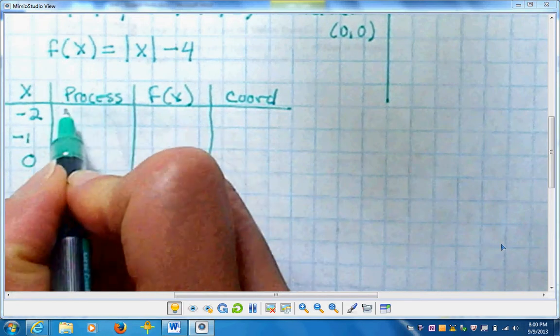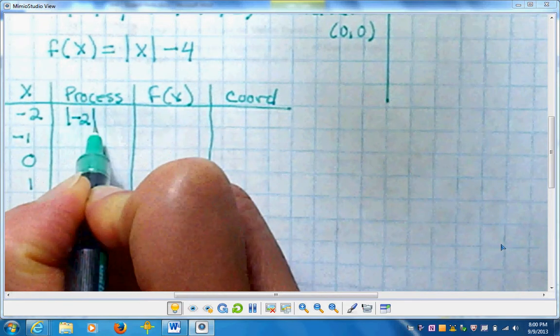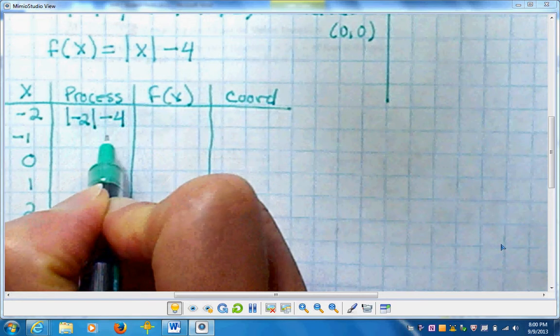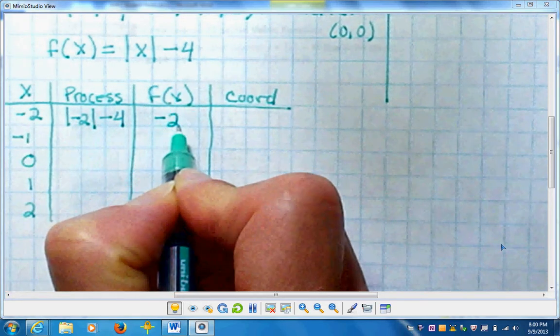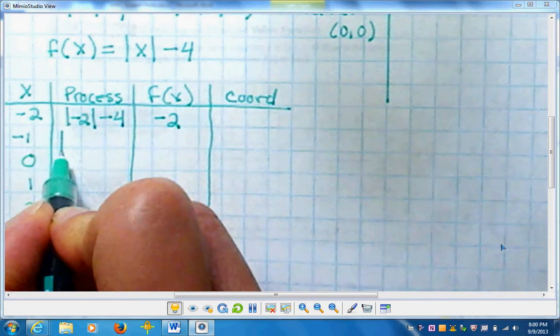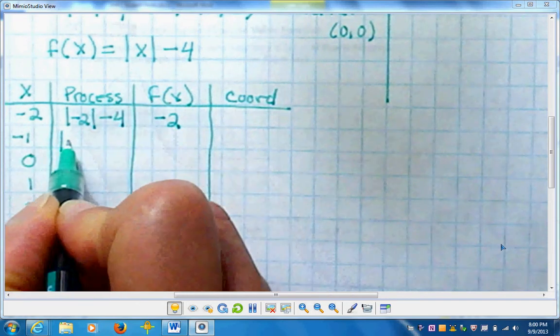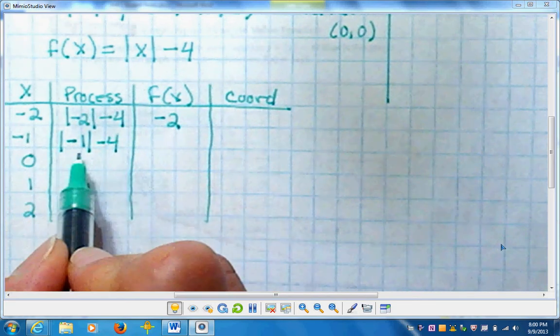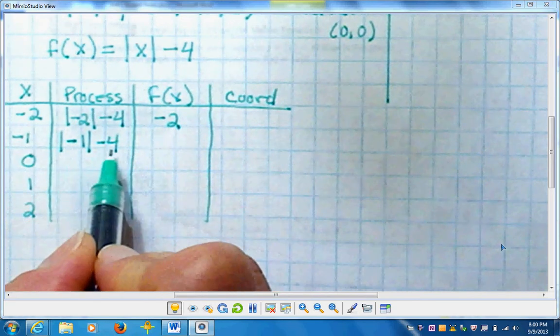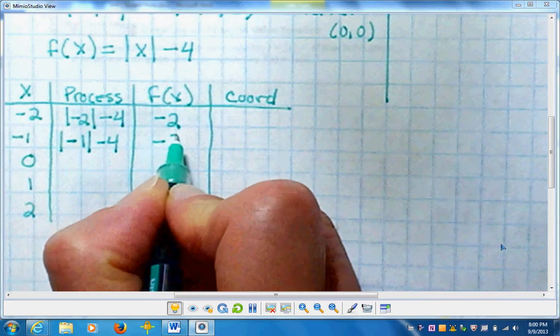So here we're doing the absolute value of negative 2 minus 4. Well, this is 2 minus 4, so that gives us negative 2. Now we're going to do the absolute value of negative 1 minus 4. Well, that's the same as 1 minus 4, which is minus 3.